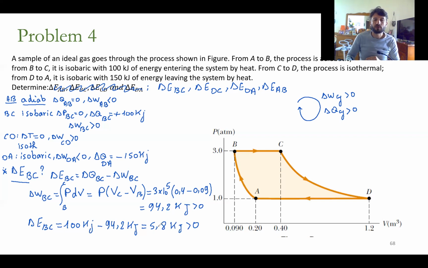So this is delta E BC equals 5.8 kilojoules, and delta W equals 94.2 kilojoules.